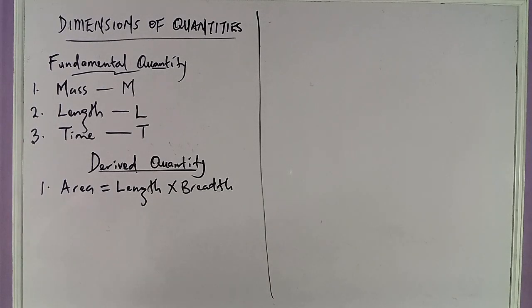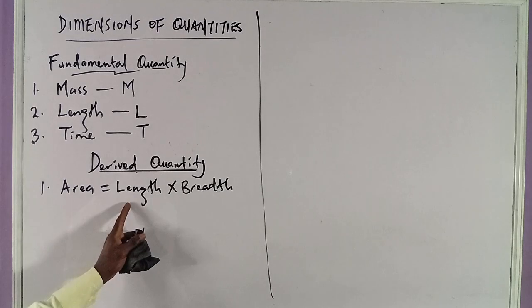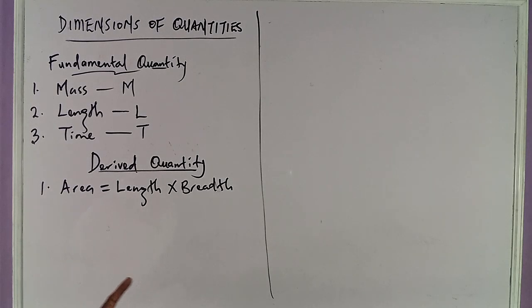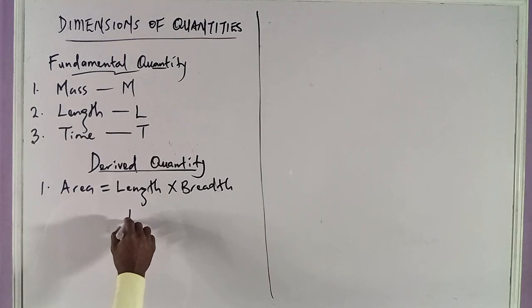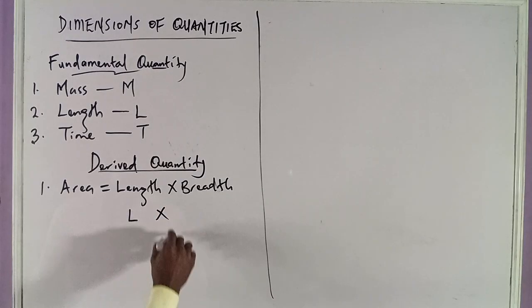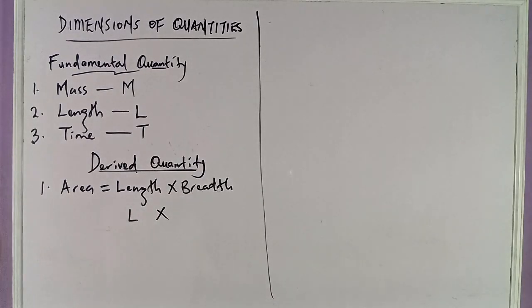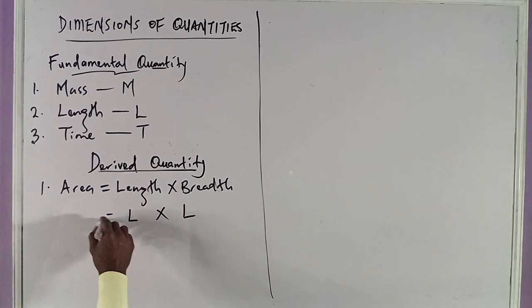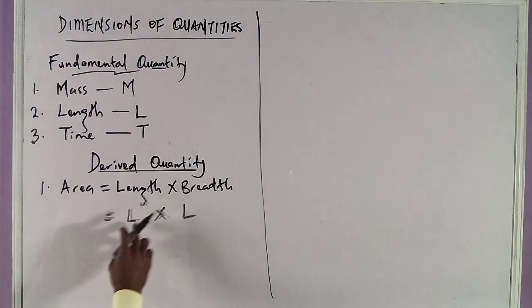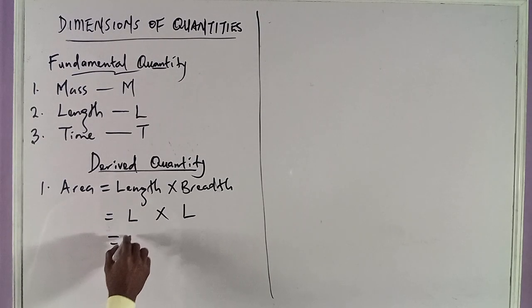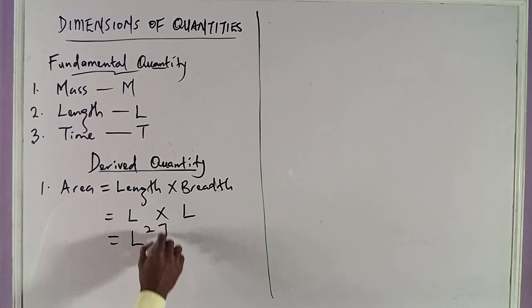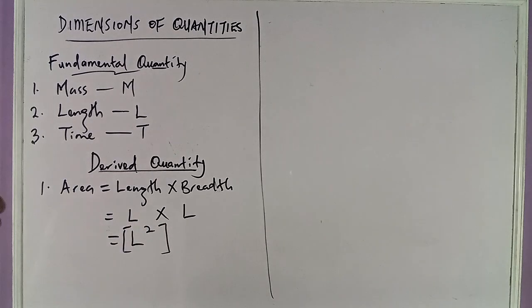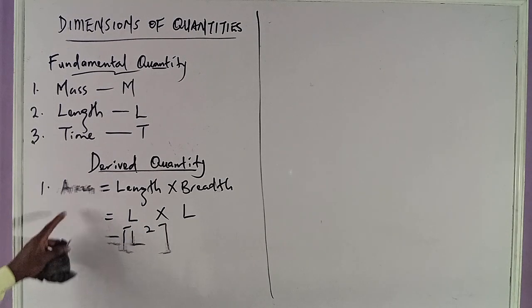The next thing to do is to change this quantity length to its dimension, which is L. Breadth is also a form of length, so we are going to represent it by L. So length multiplied by length gives us L squared. And we are done finding the dimension of area.